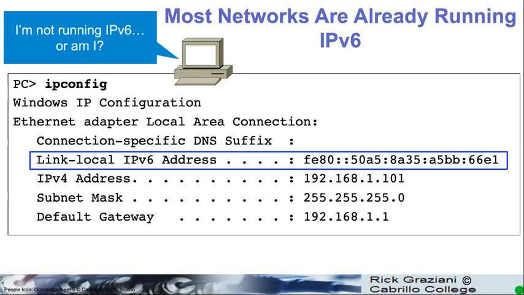But every host operating system, Linux, Mac OS, Windows, Android, iOS, are enabled for IPv6 by default. And you can't disable that. Well, I shouldn't say you can't, but that's not supported. Anyway, what that means is your host devices are already running IPv6.